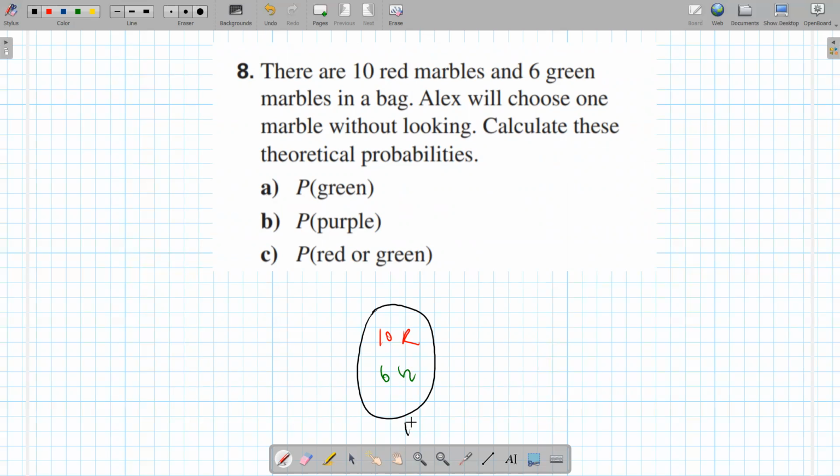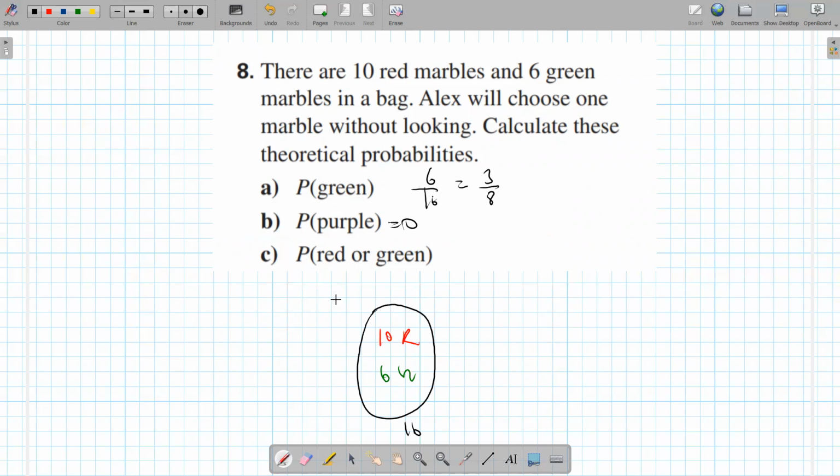If you pluck out a marble, what's the probability that it's green? 6 out of 16, exactly. And you can reduce this to 3 out of 8. B, what's the probability that it is purple? 0. There are no purple in there.